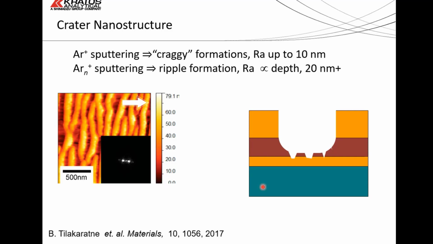So this is just an AFM from the literature. So it shows these quite nice ripples, kind of structure you might find on a beach just below the shoreline. So again, that's going to limit your resolution. So now your crater is going to look in reality something like this. And so this is going to jumble up your XPS data. So it's something you've always got to be aware of.